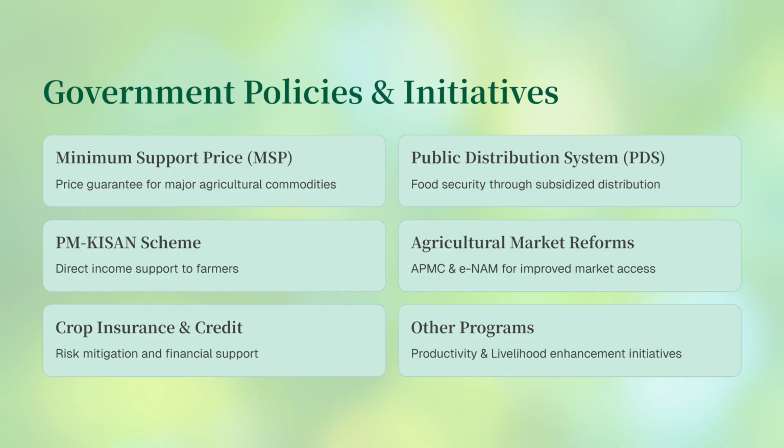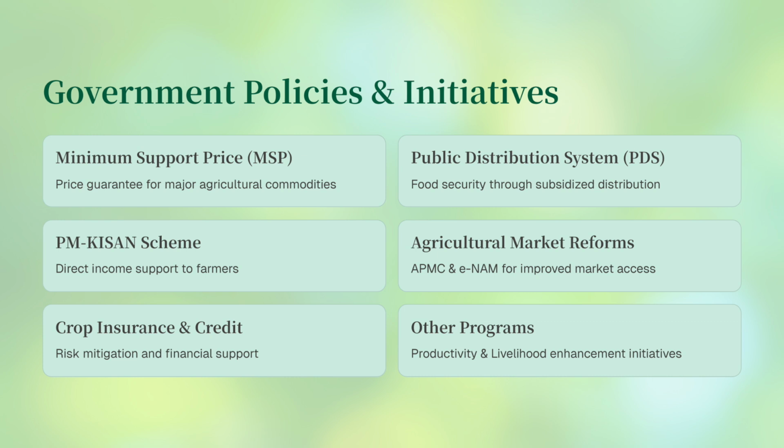Crop insurance schemes like Pradhan Mantri Fasal Bima Yojana have been pivotal, subsidizing farmers against agricultural risks such as climatic hazards or pests. Additionally, targeted lending through Kisan Credit Card and interest subsidies have significantly reduced farmers' reliance on informal loans.